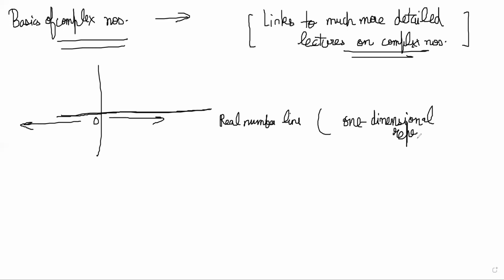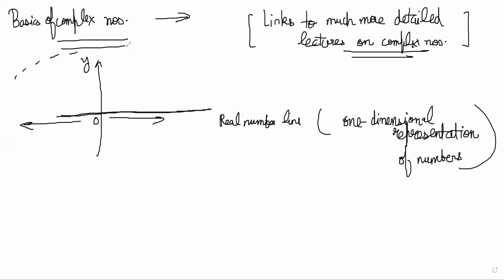Complex numbers, on the other hand, take you from one dimension to two dimensions. If I have a y-axis also here, then you have the whole plane available to you. You don't just have one number line, you have a whole plane.